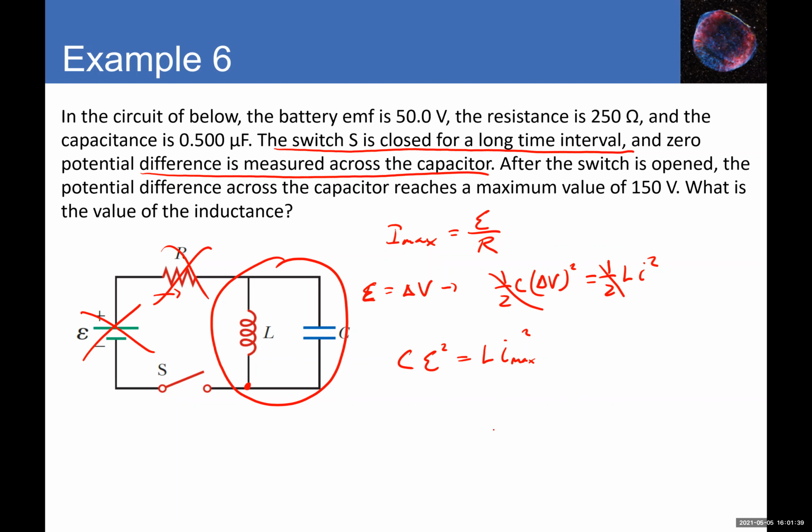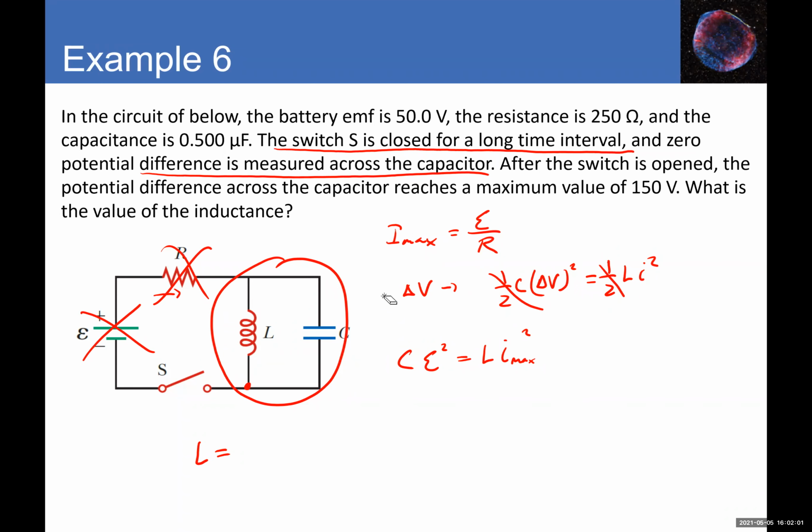Then from here we can rearrange and solve for L. And L will be equal to, all right, sorry. EMF and delta V are not the same, because we're given EMF as 50 volts, but delta V is actually, remember, the capacitor reaches a maximum value of 150 volts. So that's a difference. Let's write this as delta V squared.